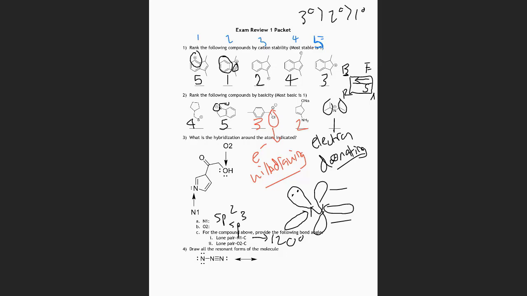Once again, it's not going to be 90 because we said this is sp3. That means it's 1 s and 3 p orbitals, which means there's no free unhybridized p orbital for a lone pair to be in. It has to be in one of the sp3 orbitals. So because of that, the bond angle between sp3 orbitals is 109.5. Good.